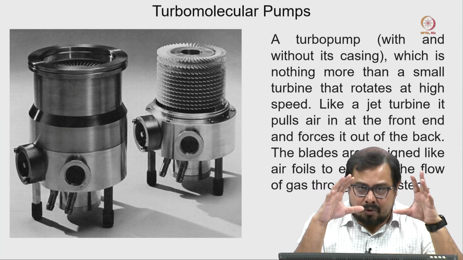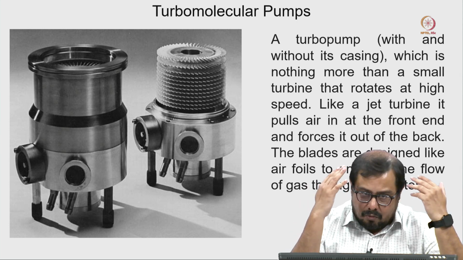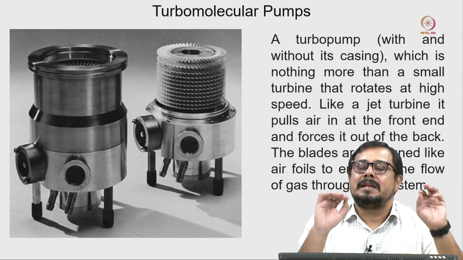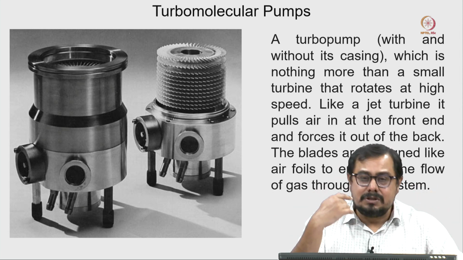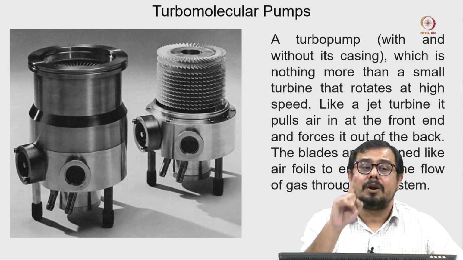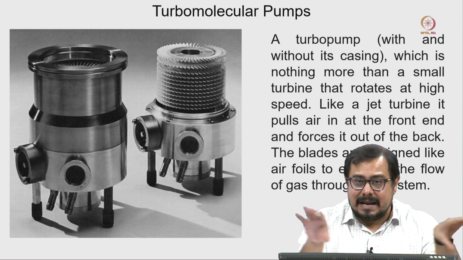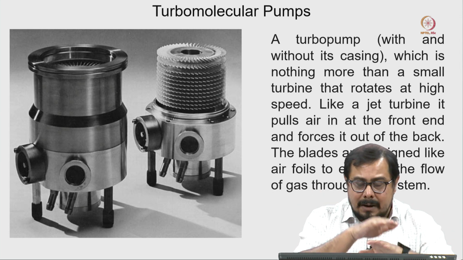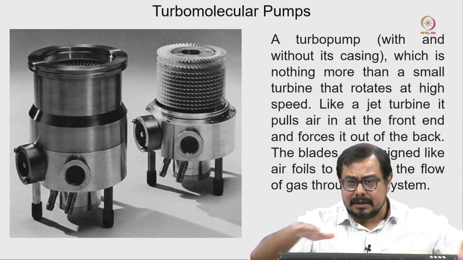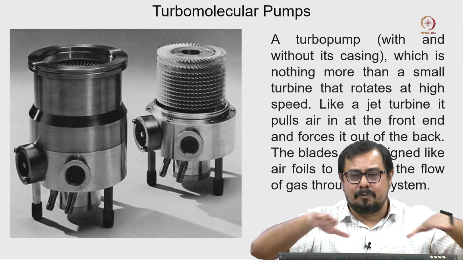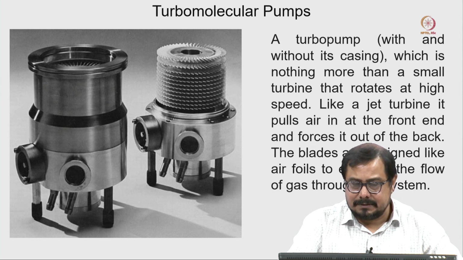That is one of the reasons we use this pump in such a way that it reaches a certain high vacuum, then stops automatically, and then we use another type of pump, called the ion pump, which works in a very silent mode. So, the turbomolecular pump will reach from atmospheric pressure to 10 to the power minus 5, 10 to the power minus 6.